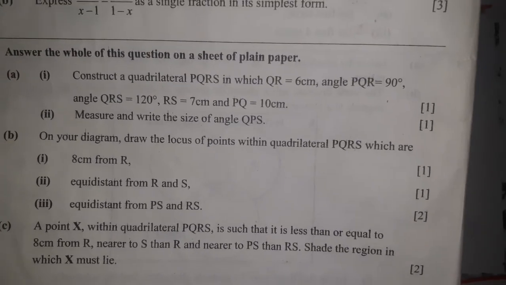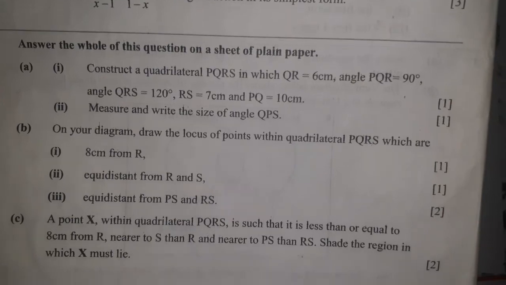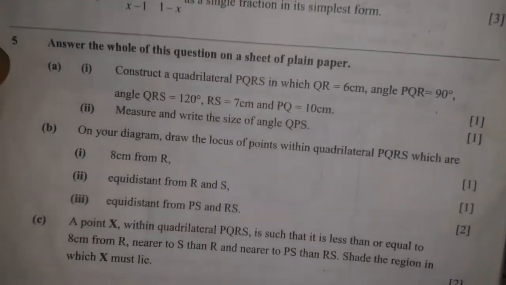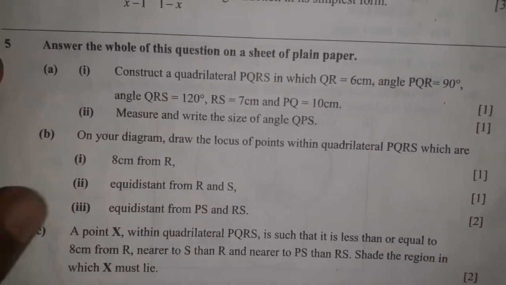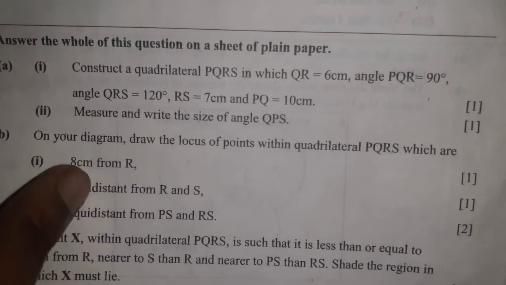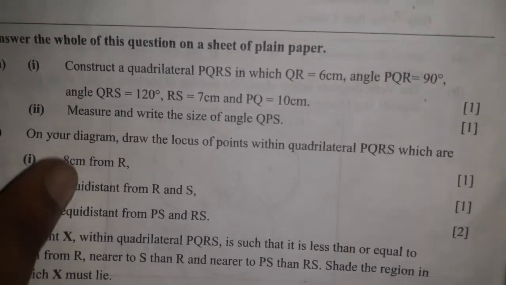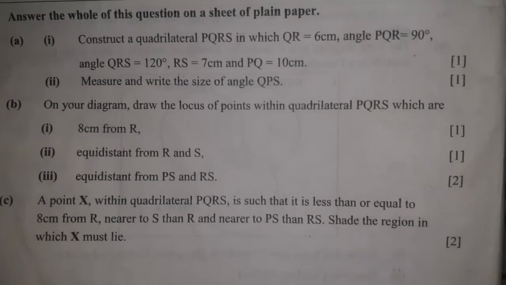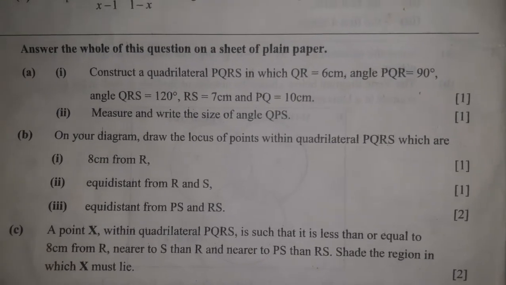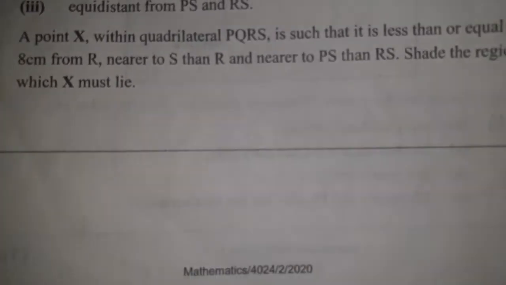If you have followed these lessons from lesson 1, you will discover that all of this has been adequately covered. So please get this question. This is 2020 GCE. Have you seen the year here?